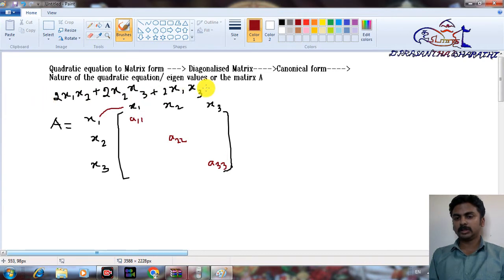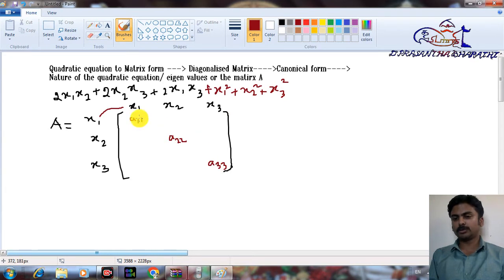If I have x1 square plus x2 square plus x3 square, the coefficients of the square terms will appear.